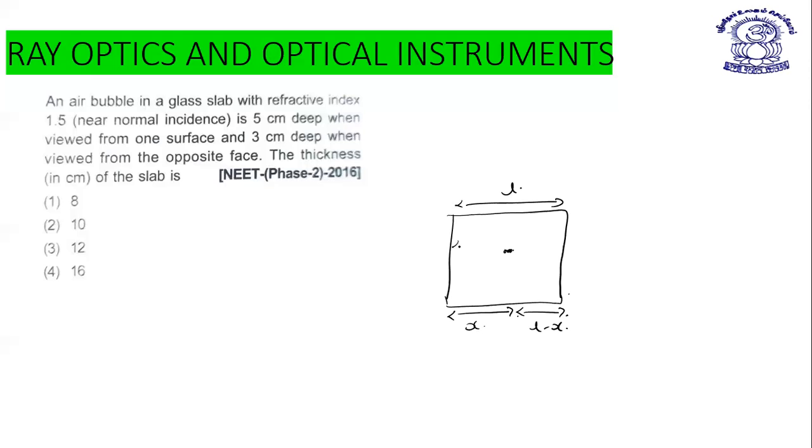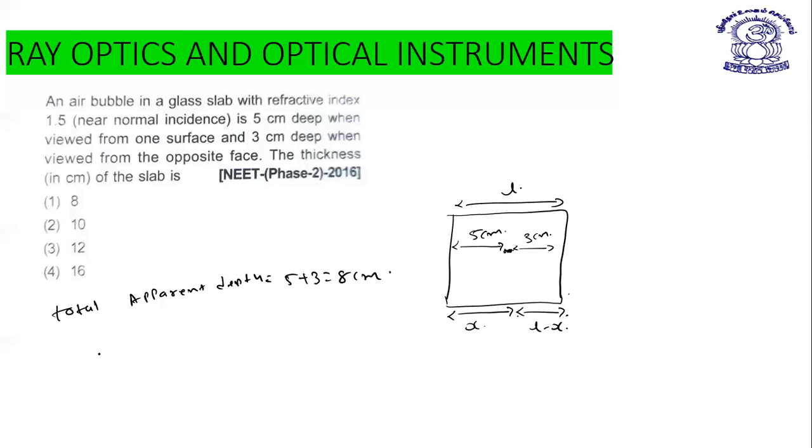As seen from one side, apparent depth is 5 centimeter, and from the other side, apparent depth is 3 centimeter. So total apparent depth is 5 plus 3, that is 8 centimeter.